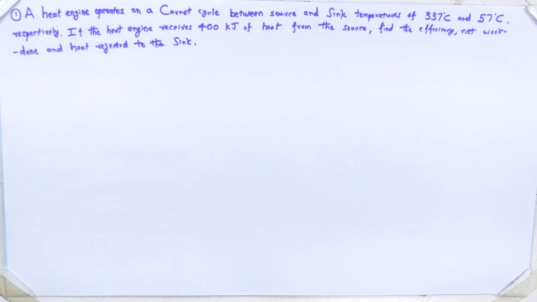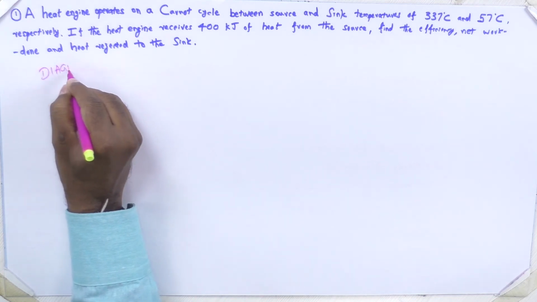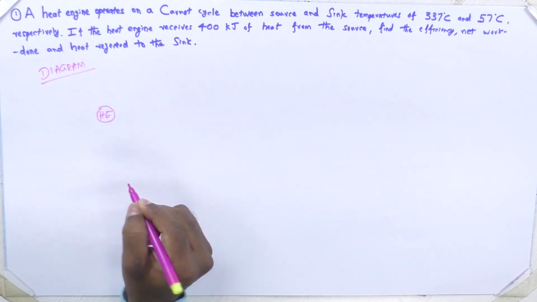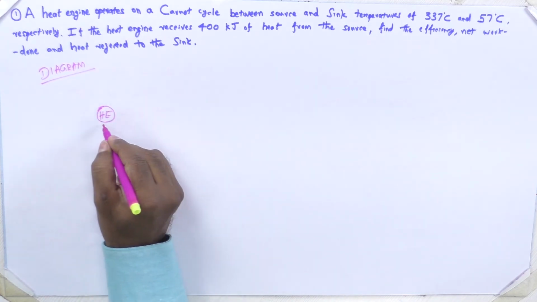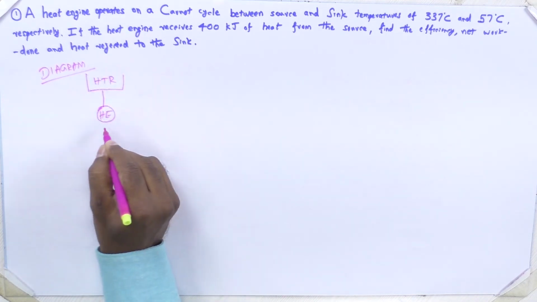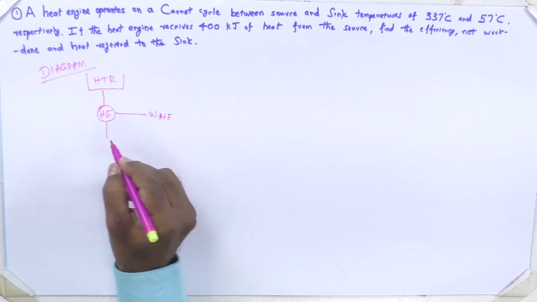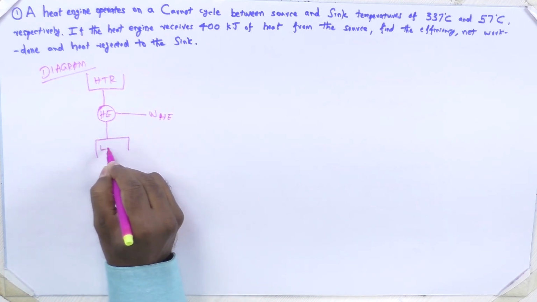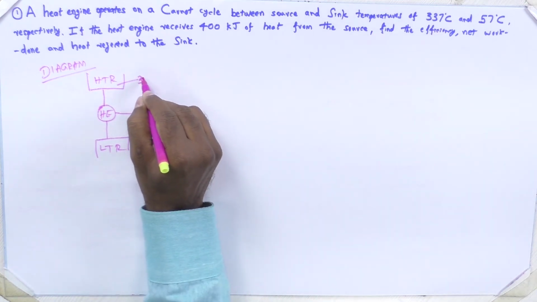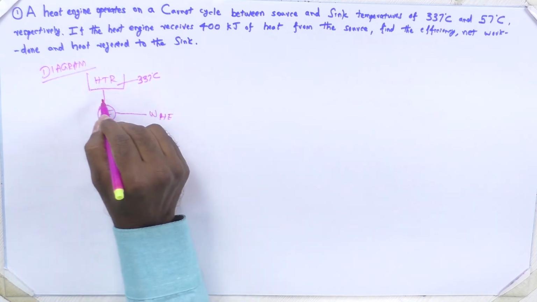Now let us draw the diagram of a heat engine. So heat engine is given by this diagram. We have to draw a possible heat engine according to the Kelvin-Planck statement, which receives energy from the high temperature reservoir and converts some into work output of the heat engine, WHE, and rejects some heat to the low temperature reservoir. 337 degrees Celsius is the temperature of the high temperature reservoir, and 57 degrees Celsius is the temperature of the lower temperature reservoir.